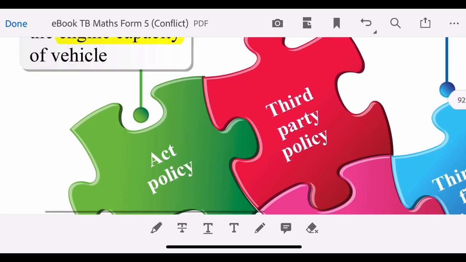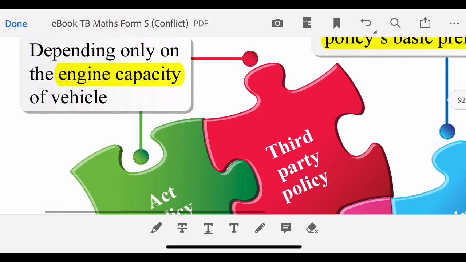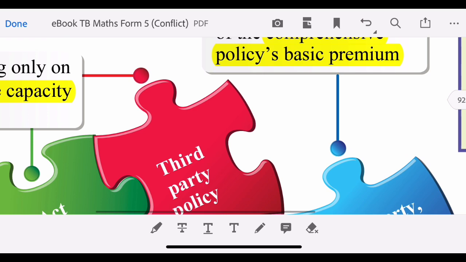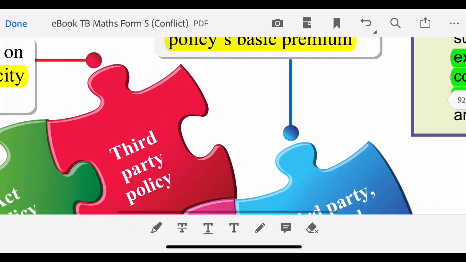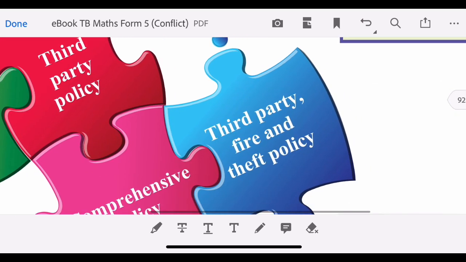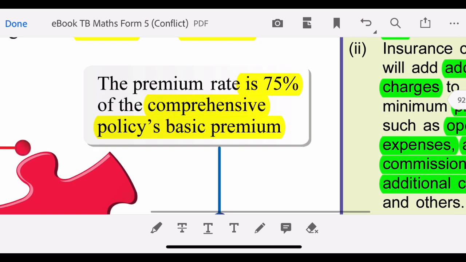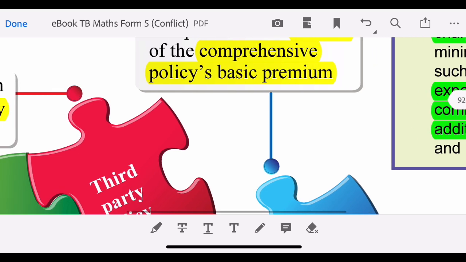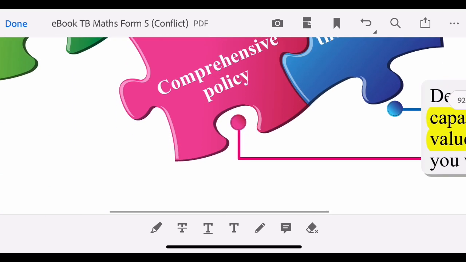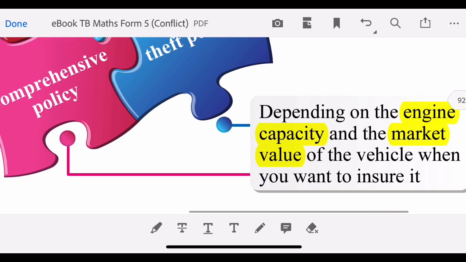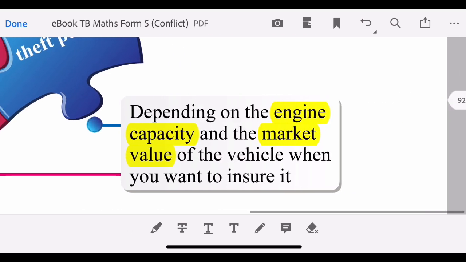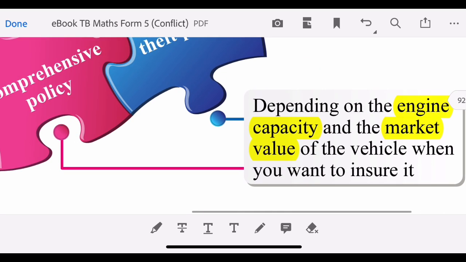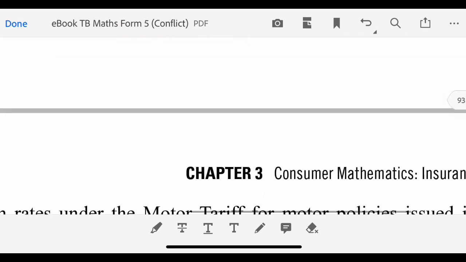So for Act policy, it depends on the engine capacity, and also third party policy. For third party fire and theft policy, the premium rate is 75% of the comprehensive policy's basic premium. And then for comprehensive policy, it depends on the engine capacity and the market value of the vehicle when you want to insure it, right?